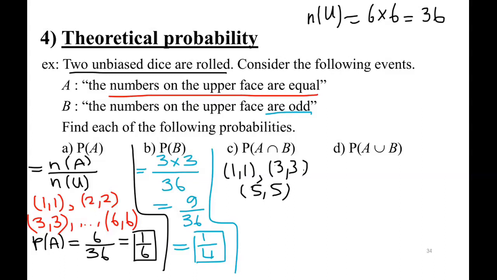So 3 possible outcomes here, so the probability of A inter B is equal to 3 out of 36, which simplifies into 1 out of 12.